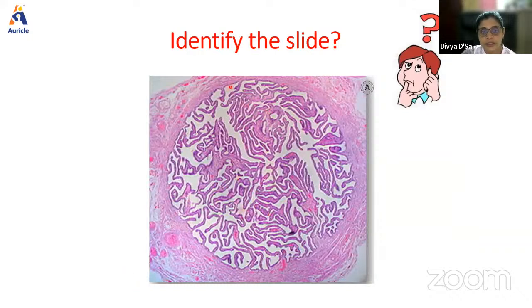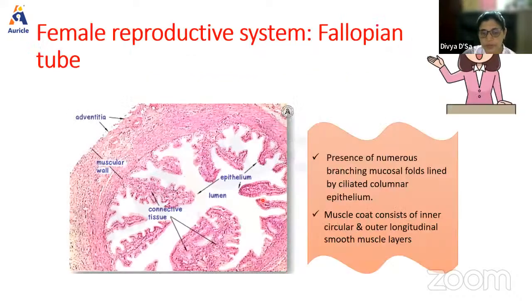Now this is a luminal structure. What are we seeing here? The mucosa is into many folds, isn't it? When the entire lumen is covered by the mucosa and we see a lot of branching of the mucosa, the first thing to come to our mind will be the fallopian tube. The lumen here has numerous branching mucosal folds, lined by ciliated columnar epithelium.